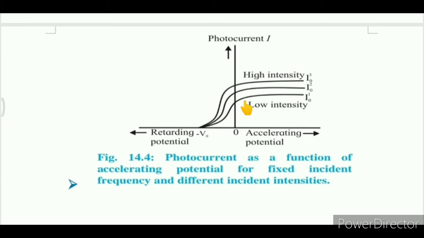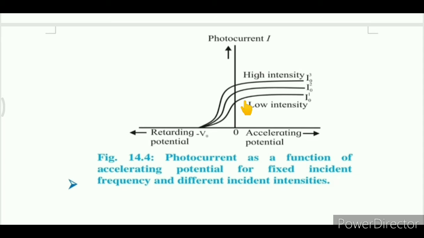That means as we are increasing the positive potential, the photoelectric current also increases. But at some stage, for a certain positive potential of plate C, that is the collector plate, all the emitted electrons are collected by the collector.